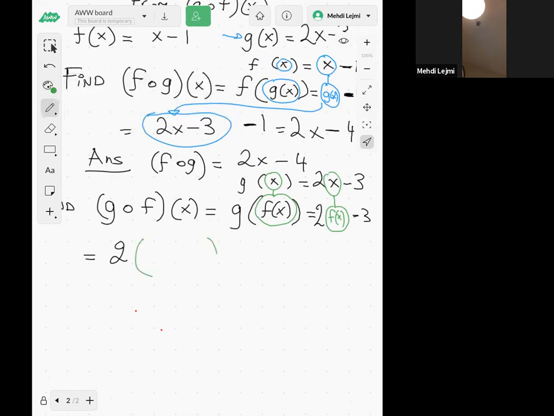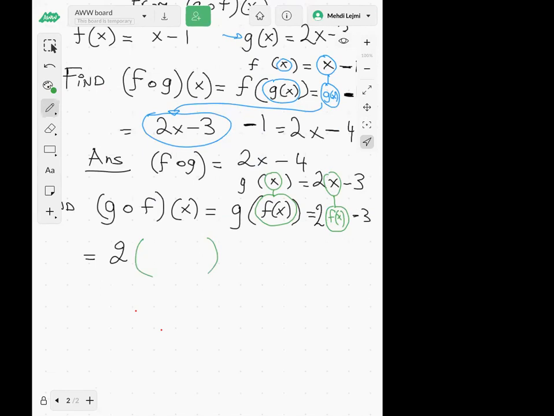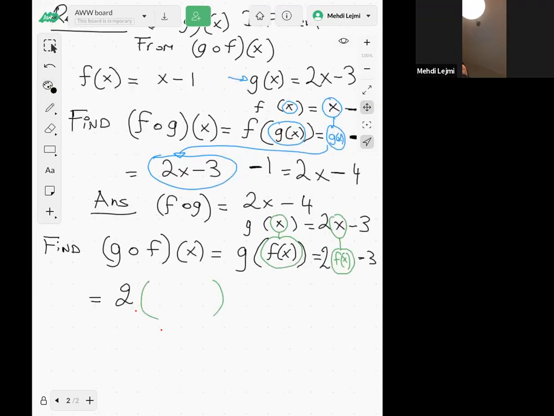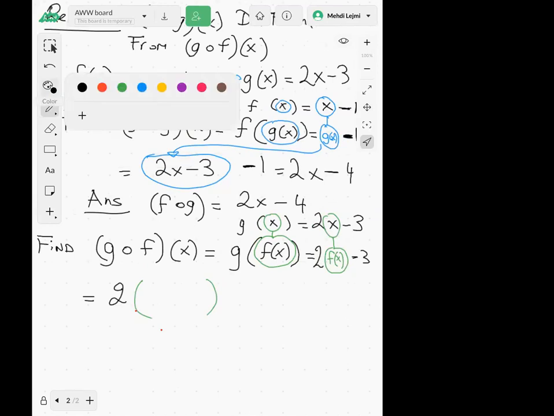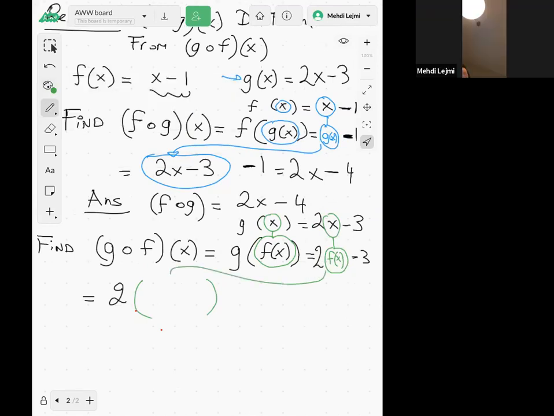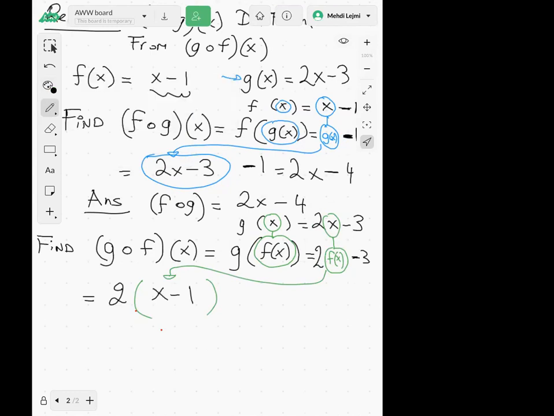I'm going to use a circle, that's my parentheses, and inside the parentheses I'm going to put f. And what's f? f is just x minus 1. That's my function f. So this is x minus 1, and then there's this minus 3.